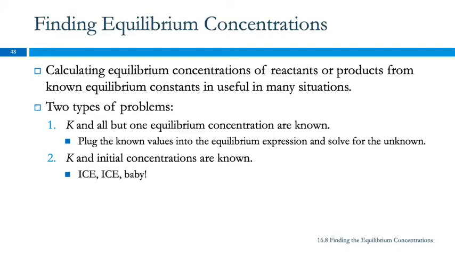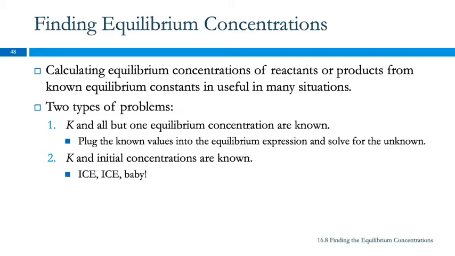Okay, so calculating the equilibrium concentrations of the reactants or products from known equilibrium constants is useful in many situations. So we have two types of problems. The first is the simplest, where we know what the equilibrium constant is, and we know what all but one of the equilibrium concentrations are.